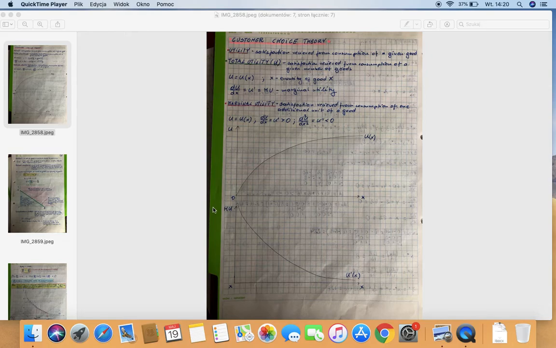But it's different. You will be getting different satisfaction from consuming each consecutive sandwich. Because look, when you're very hungry, the first sandwich will give you a lot of pleasure. But then you are a little bit less hungry, so the next one will also bring you some satisfaction, but a little bit less.